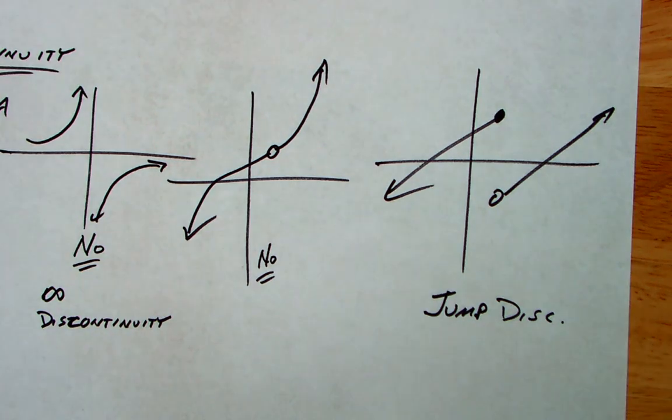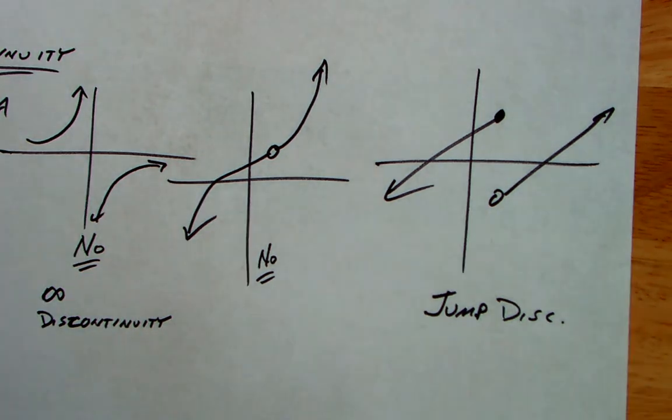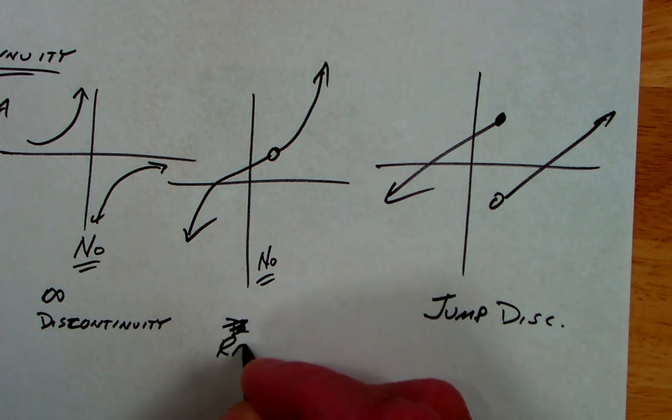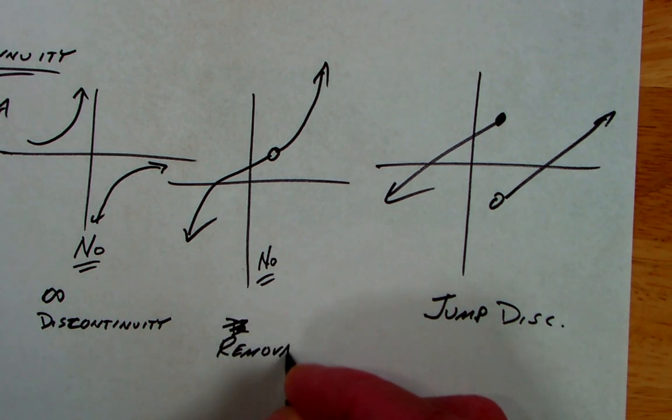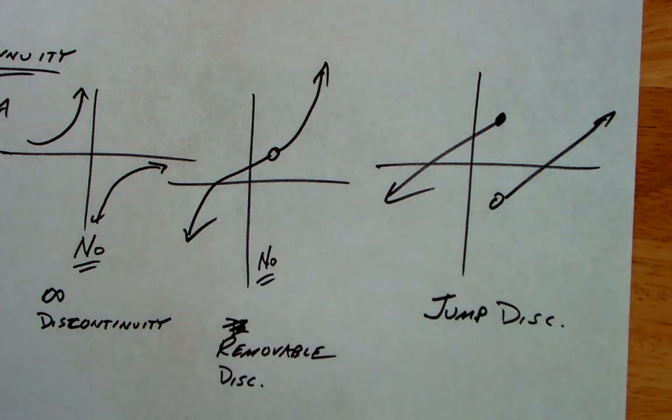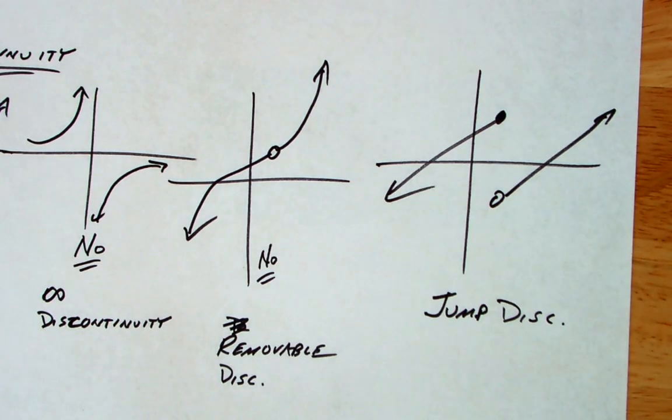Okay? And then this one actually has what's called a removable discontinuity. Because what could I do with my pen to remove that discontinuity? Color it in. Okay? Or, in terms of the function, what could I do to remove that discontinuity?